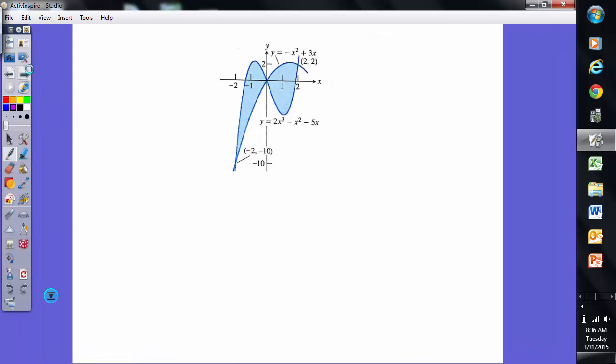Now it gets a little bit tricky. This curve, 2x cubed minus x squared minus 5x, is like this. The curve -x squared plus 3x is like this. So from -2 to 0, the top curve is 2x cubed minus x squared minus 5x, and the bottom curve is -x squared plus 3x.